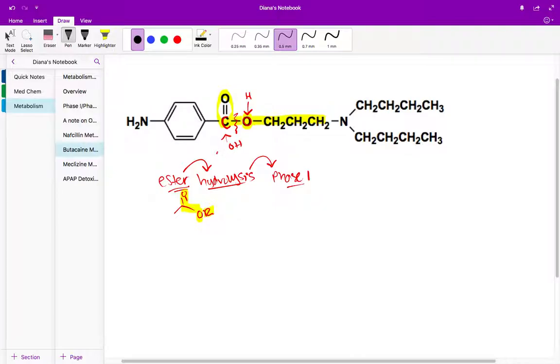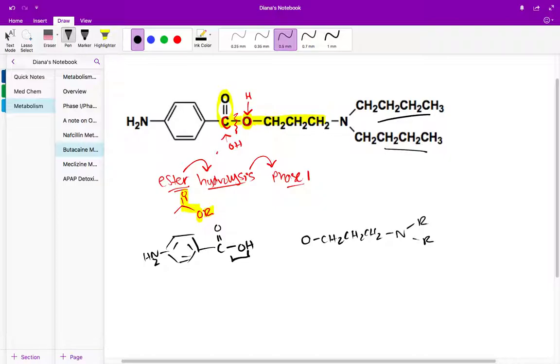Well, everything else would stay the same. Okay, so I have this NH2, and now what matters is that this carbonyl now has an OH added to it. Okay, so this part is new, this OH. And then the other side, the part that was cleaved off, had started with this oxygen, and then it had this whole entire group attached to it. Okay, and so I'm just going to put R groups there for now to signify these alkyl chains.